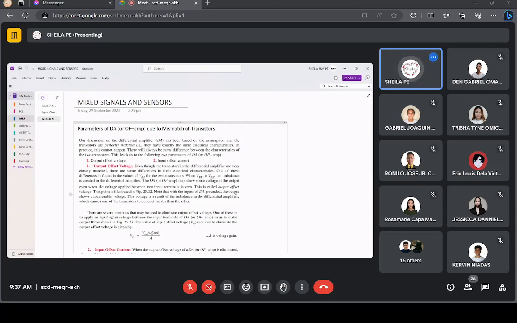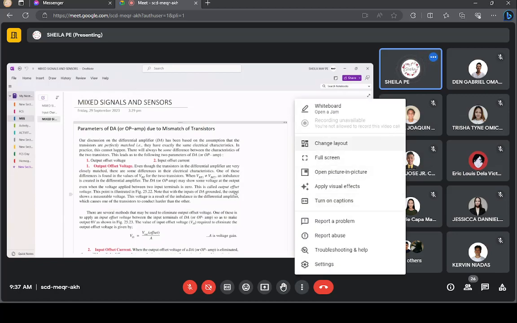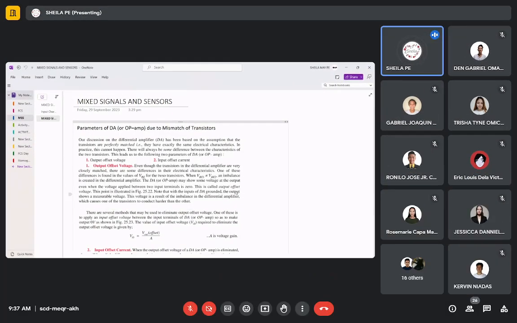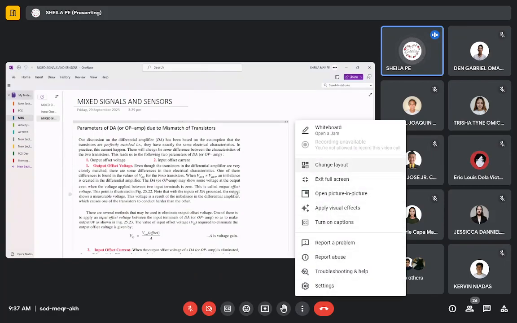To eliminate output offset voltage, one method is to apply an input offset voltage between the two terminals of the differential input so as to make the output 0 volts.